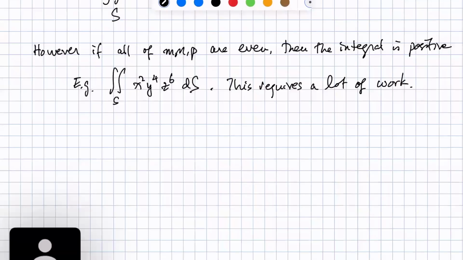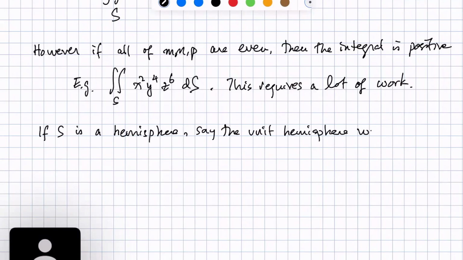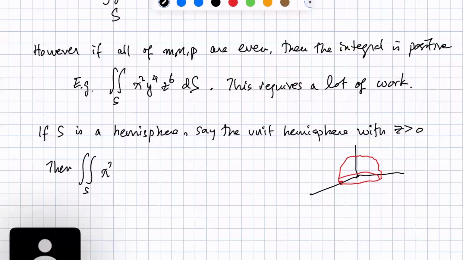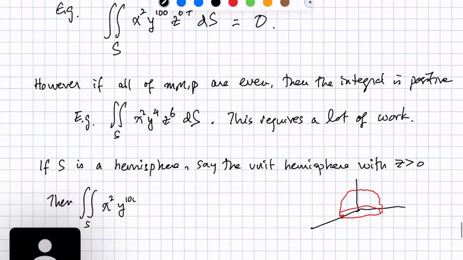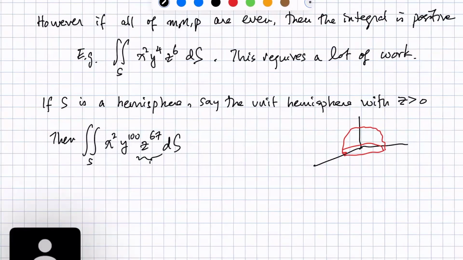Another time when you have to be careful is if you have a hemisphere. If S is a hemisphere, say the unit hemisphere with z positive, here I have just the top part, then if I have the previous example, x squared, y to the 100, z to the 67, dS, this object right here is no longer going to cancel.